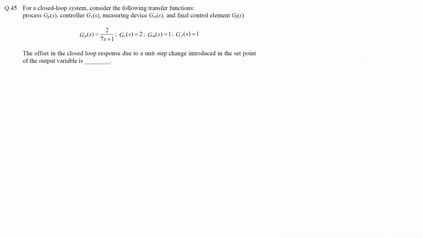To start with, let us draw a block diagram of this closed loop system. Here we are introducing a change in the set point, and we haven't been given any information about the disturbance, so we will take disturbance as 0. If YSP is my set point, that will be my input.